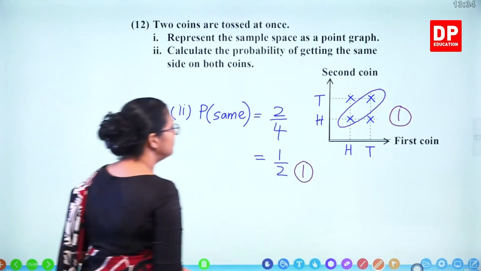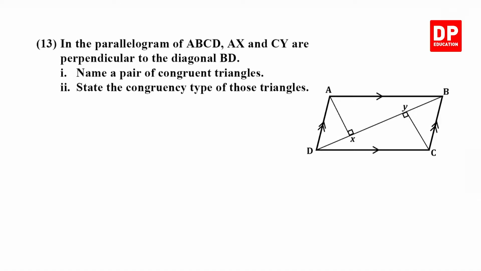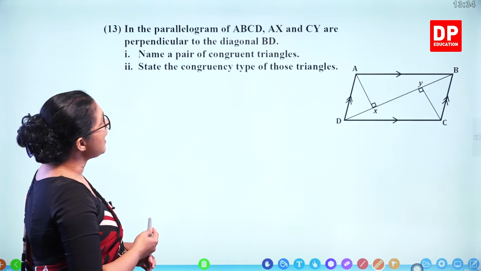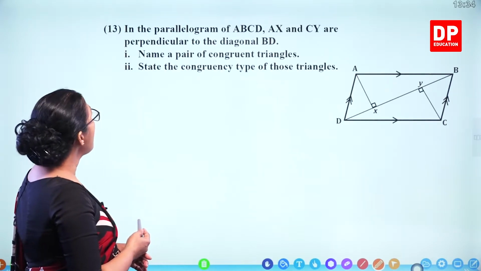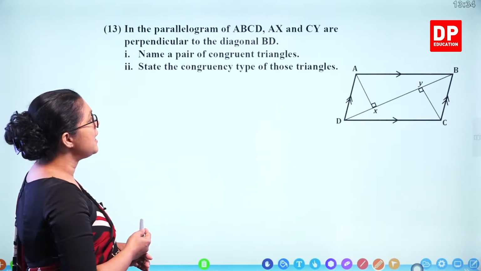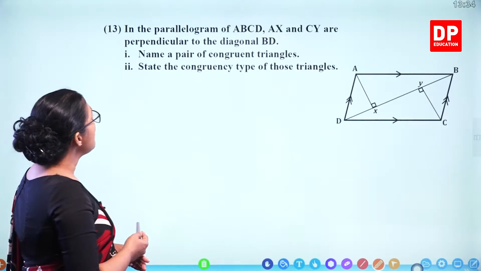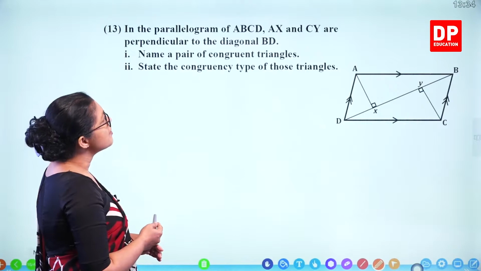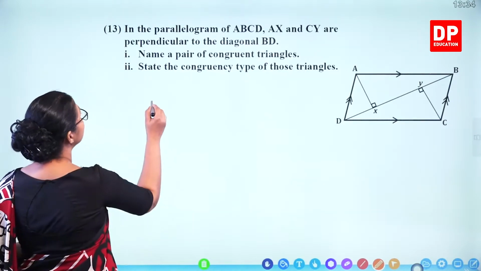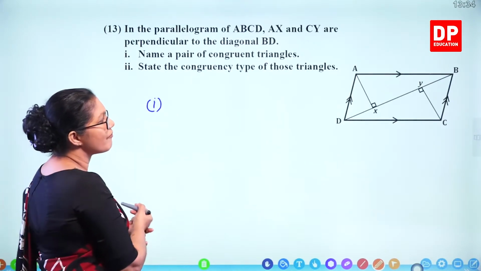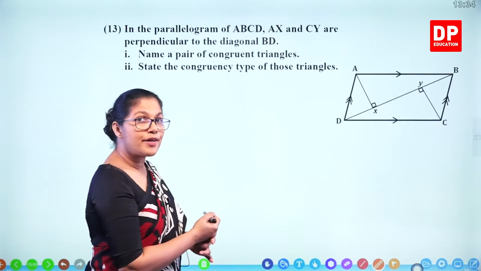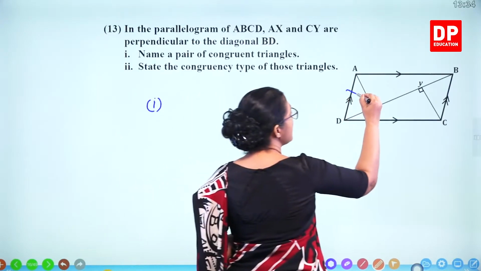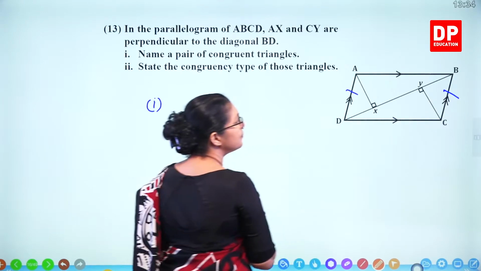Question number 13. In the parallelogram ABCD, AX and CY are perpendicular to the diagonal BD. Name a pair of congruent triangles. State the congruency type of those triangles. This is a parallelogram. Opposite sides are equal.